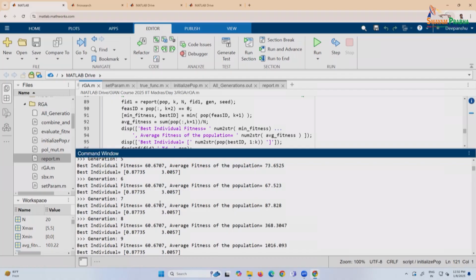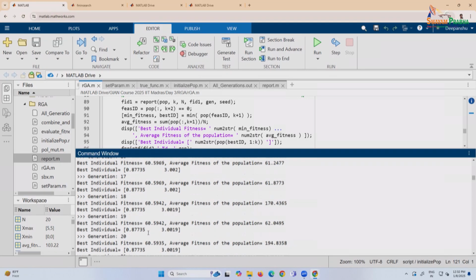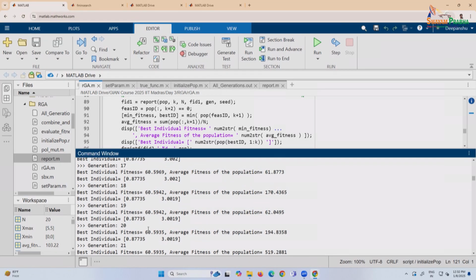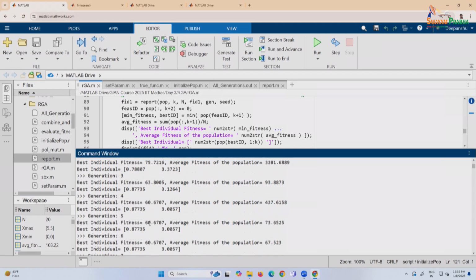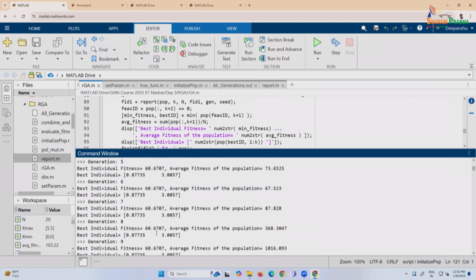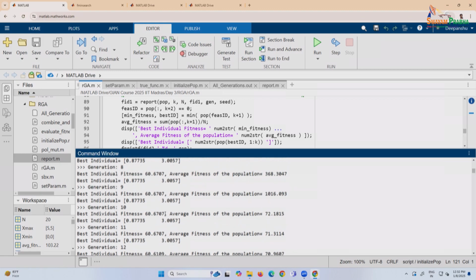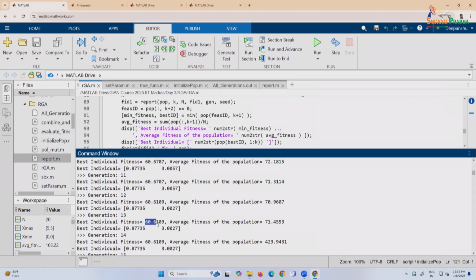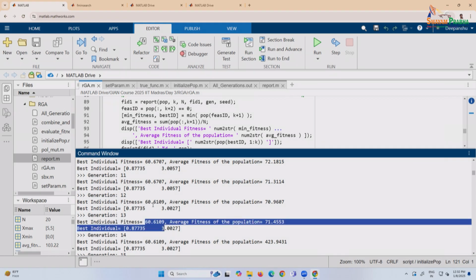So this problem has 0.87735 and 60 points. So it was found way back, only after the third generation, and after that, remember this 63.805, it has now improved to 60.6707 already in generation 4. This is slightly better in generation 13, even a little in 12.